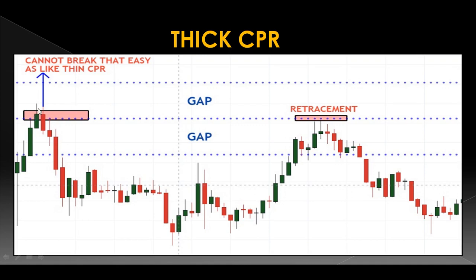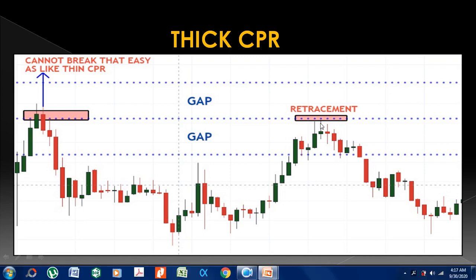So it took the retracement at the level of the central pivot and came back. This happened not one time, it happened one more time. Again it went till the central pivot, not in a position to break the entire CPR level. So this is the strength of thick CPR. This is the difference between thin CPR and thick CPR.